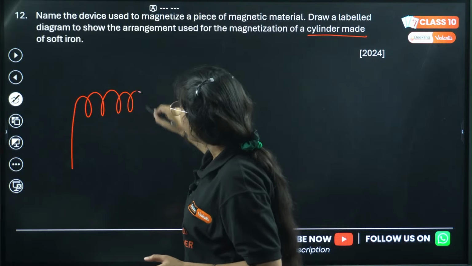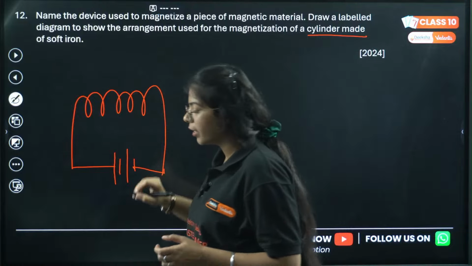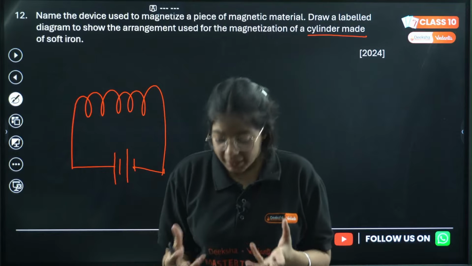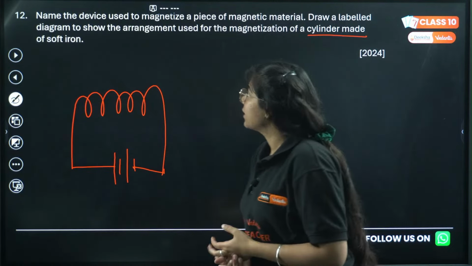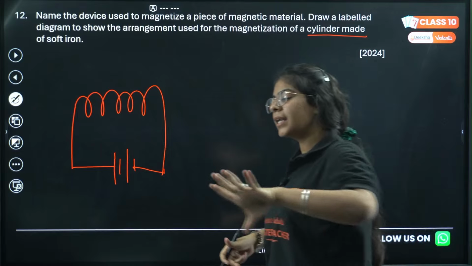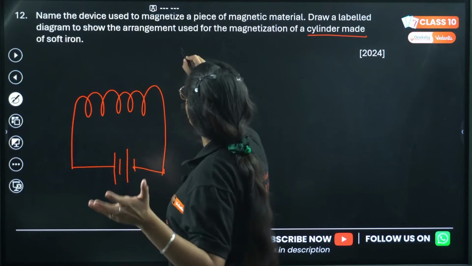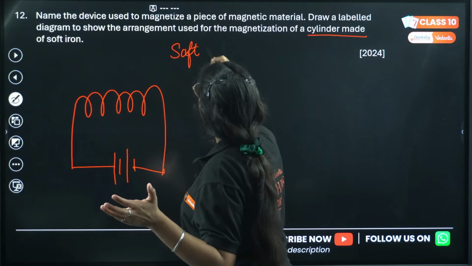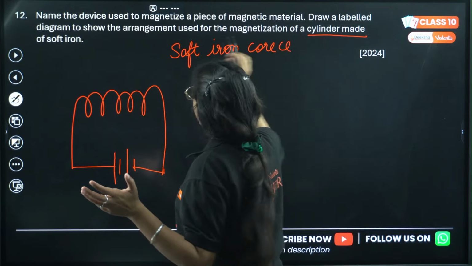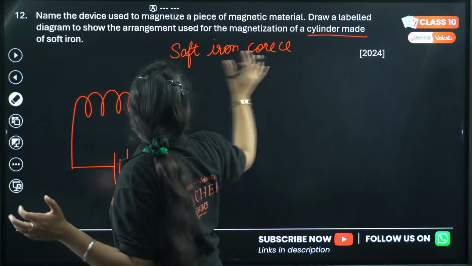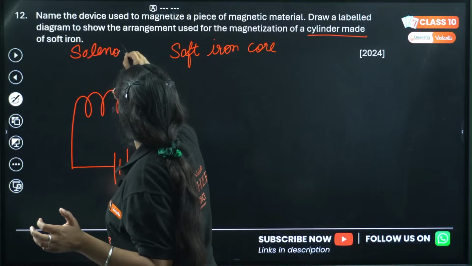And we know when we pass the current through this solenoid, a magnetic field is produced through it, and this is the device which we can use to magnetize a magnetic material. And normally the material we use is soft iron core, that is used in NCERT, and the device that we use is solenoid. It is solenoid. Correct. Very good.